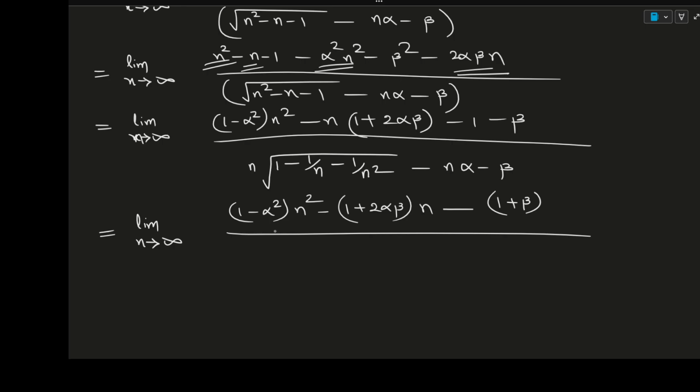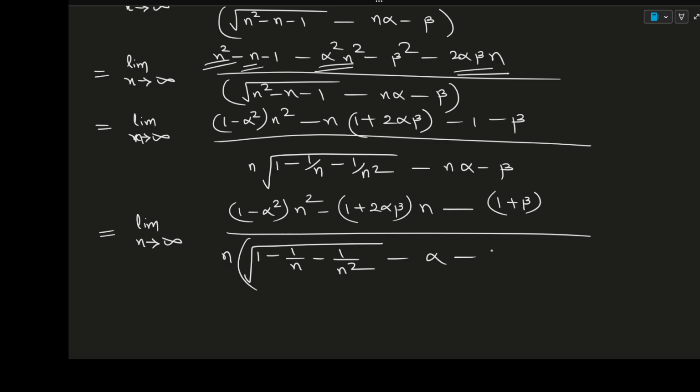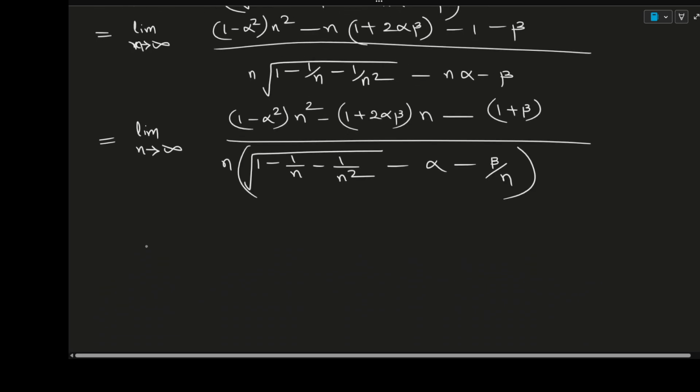So I'll take common n, then it will be n. Just let me put a bracket so that, okay, so we don't have n in this term, so we'll divide. Now divide the n in all terms in the numerator.